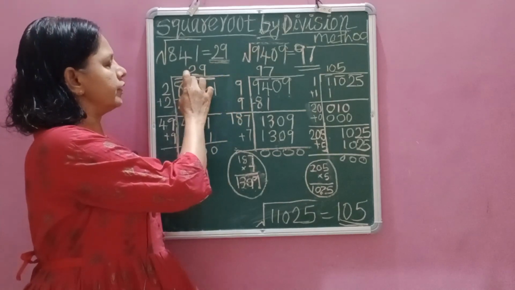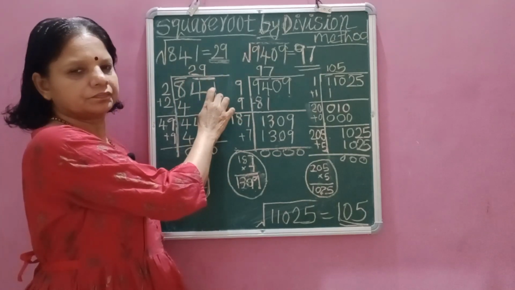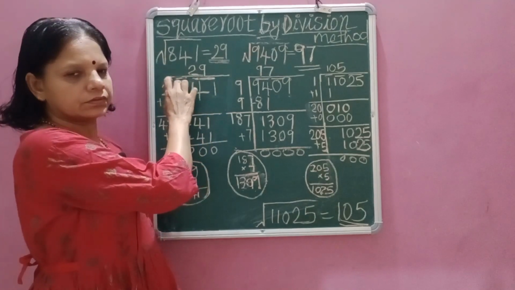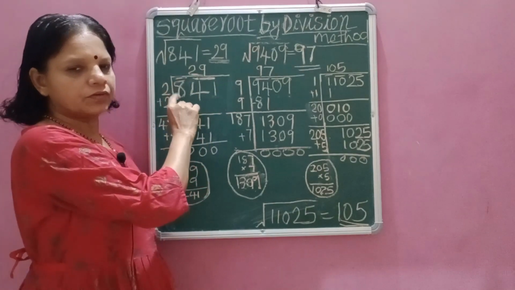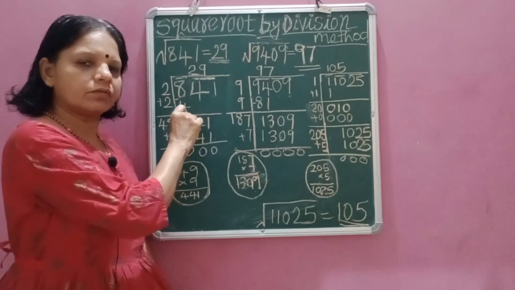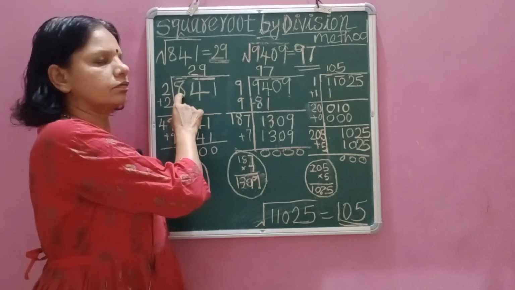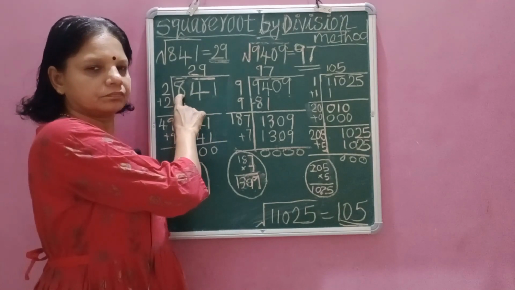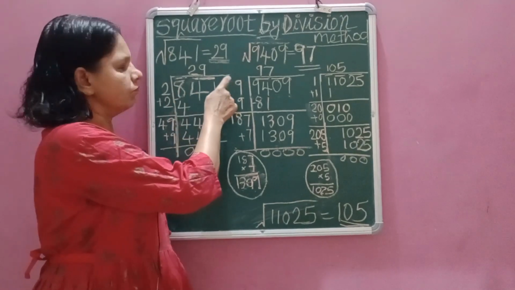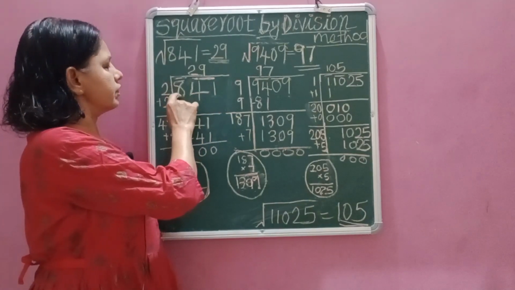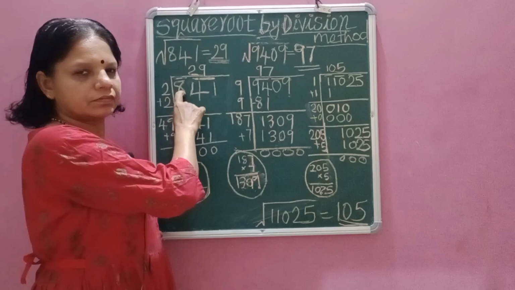The first pair is 41, and for the last pair, the leftmost, if only one digit is remaining, we have no other option. So 8 single. But from here you have to take 2. And the last we got the pair 8.